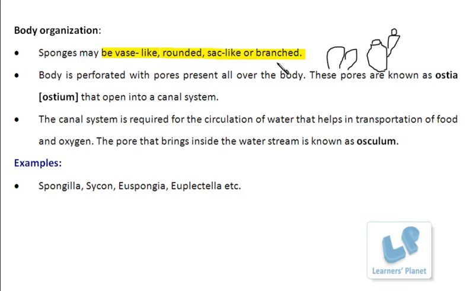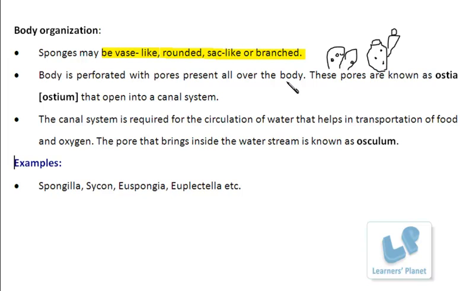Besides that, I said that the body is perforated, that means the pores are present all over its body. So these pores must be present here. It should be like this. If this is the structure, these pores are present all over its surface, and definitely at the interior side a broad pore is there.